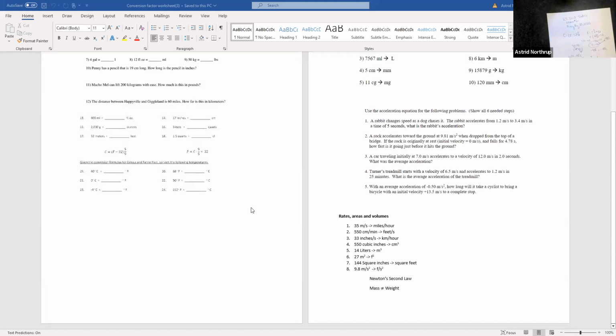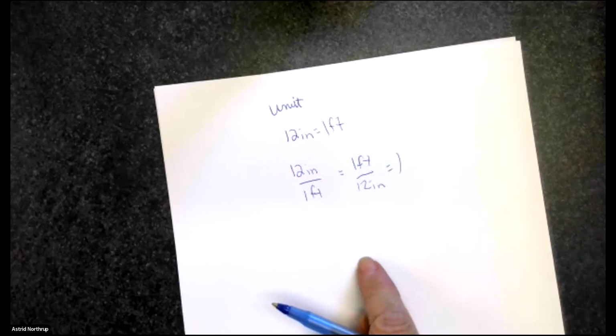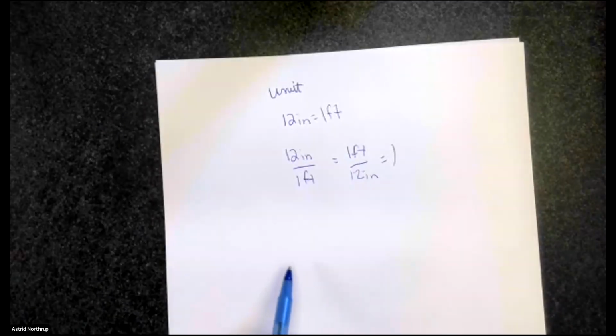Unit just means one, and it's called a unit conversion because if you have something that's equal to each other, 12 inches is equal to 1 foot, and you put two values that are identical as a fraction, the value of that fraction is equal to 1. And you can multiply 1 by anything, and it will still be equal to the same amount. So that's how unit conversions work.